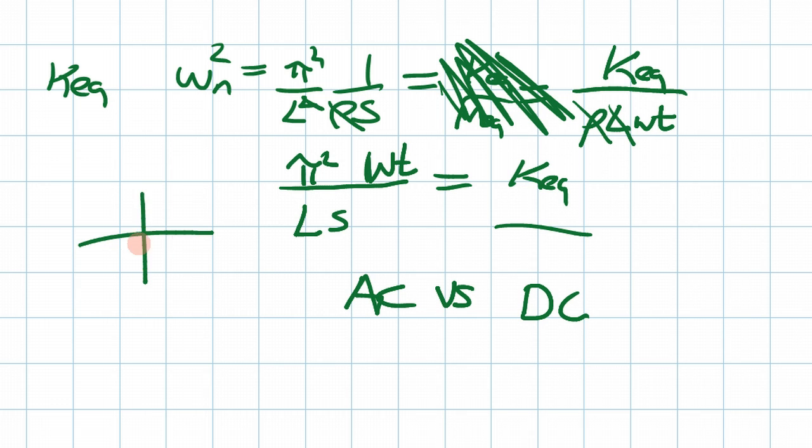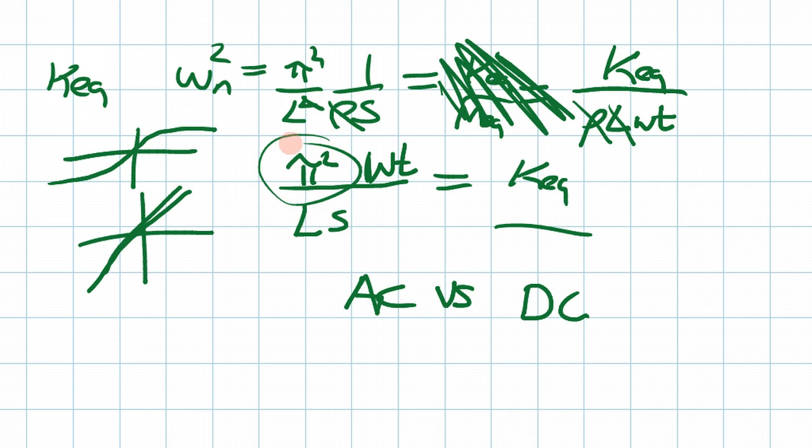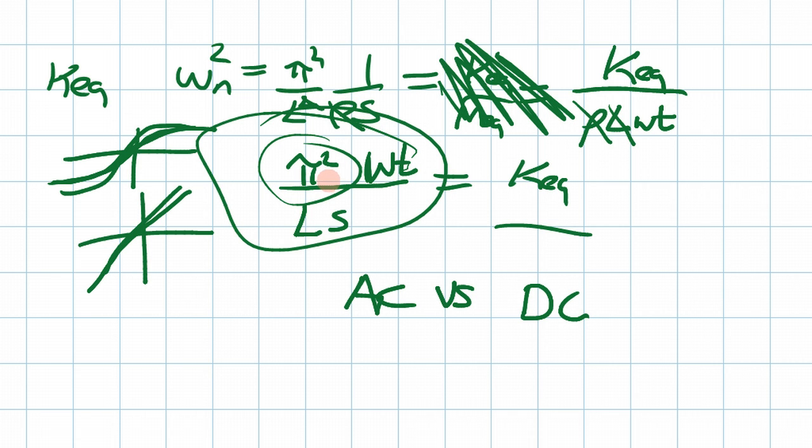Instead of having a DC strain looking like that, we have an AC displacement looking like this, something like a sine versus a straight line. And this pi squared factor accounts for that sine shape. So this is the spring constant that you're going to need to model an equivalent spring.